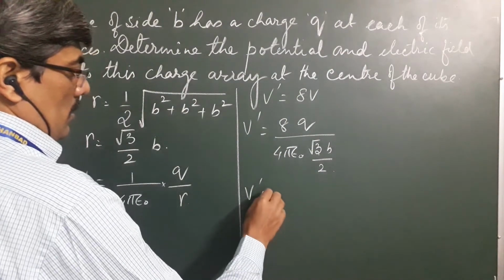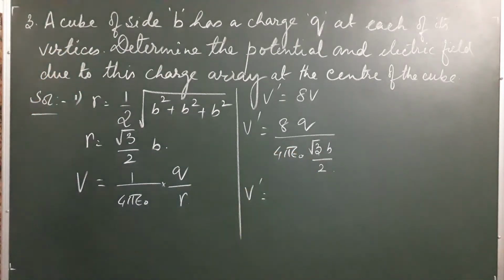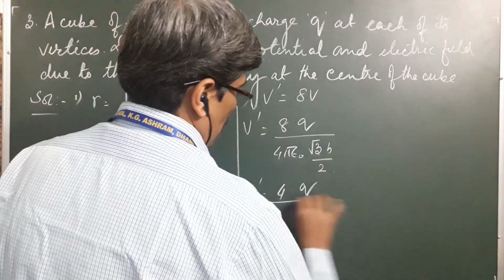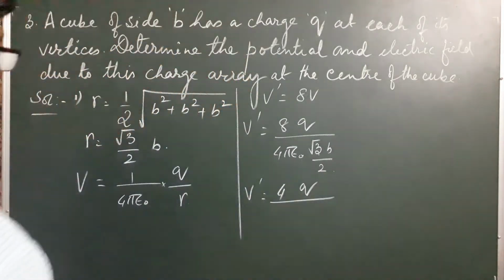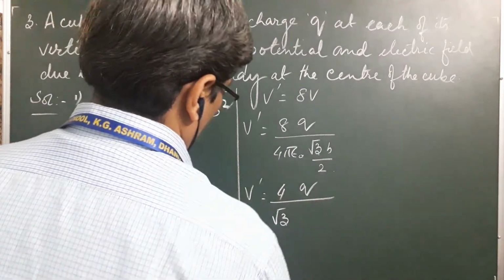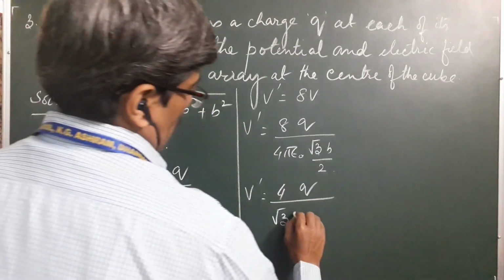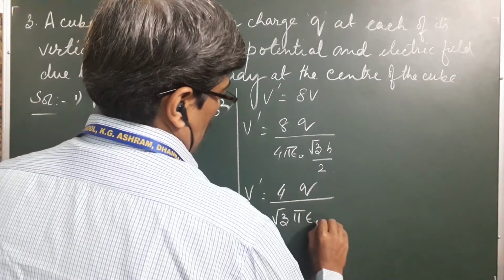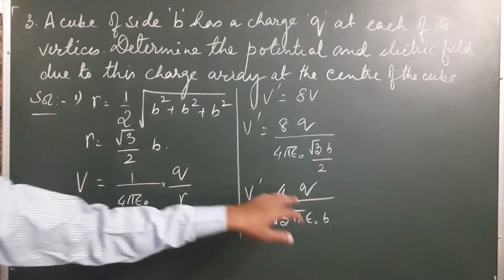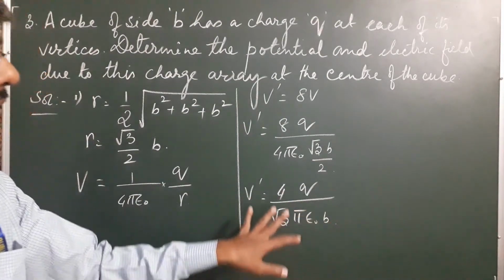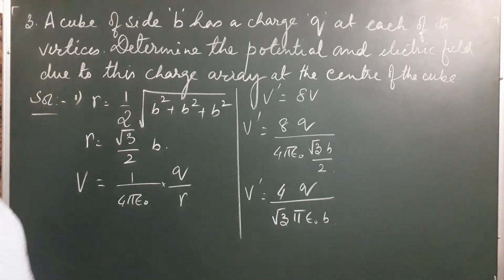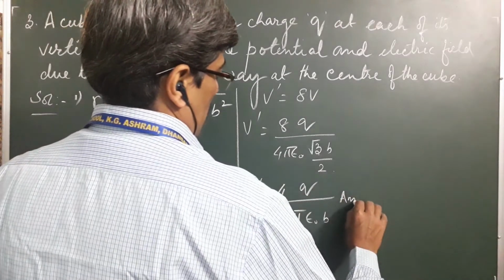V dash, that is the total potential, will be equal to 4q by root 3 pi epsilon naught b. So this is the expression for the net potential at the center of the cube due to the 8 charges. This is the first part.